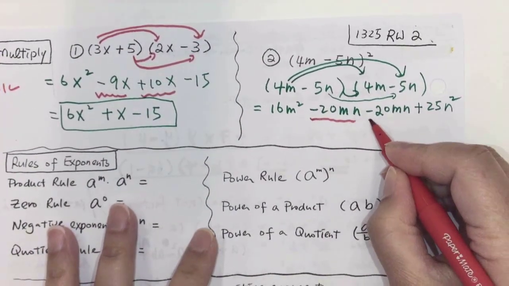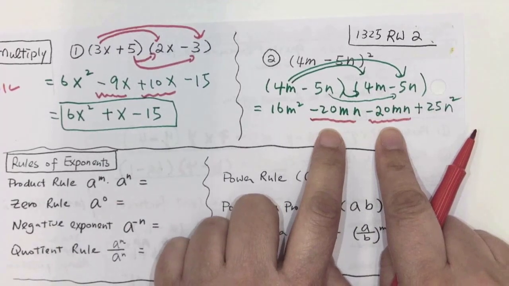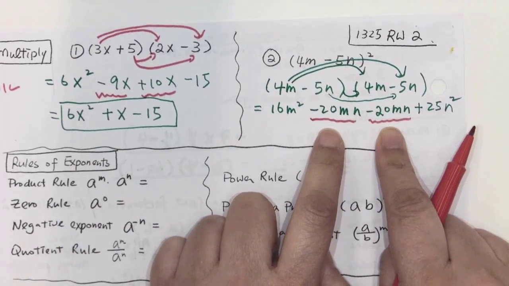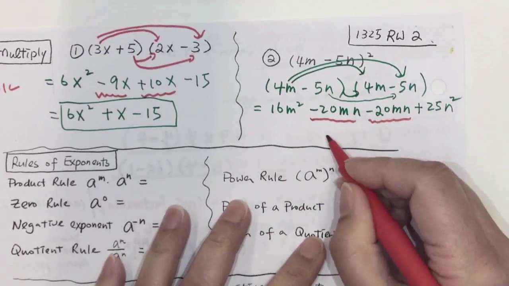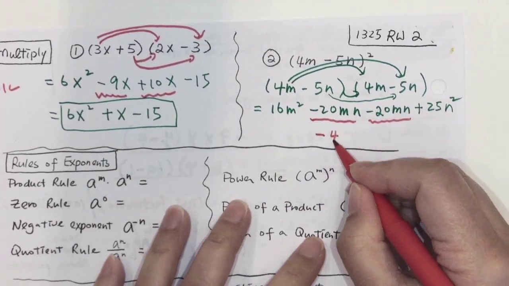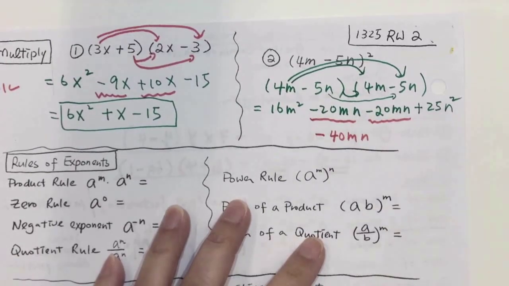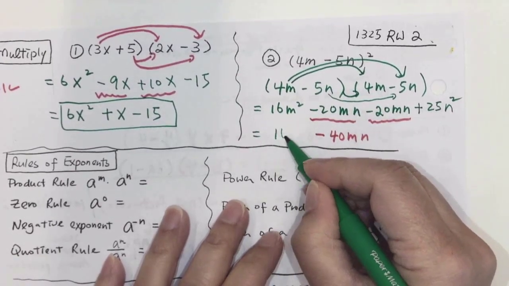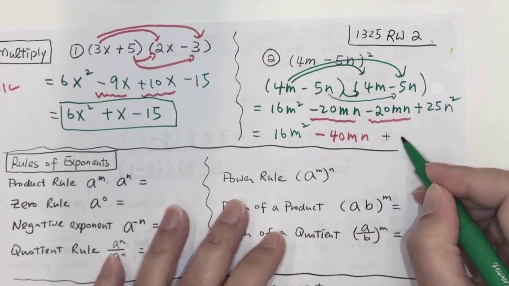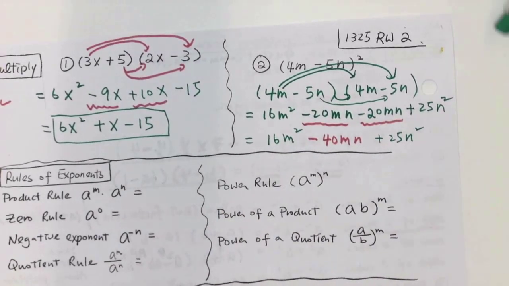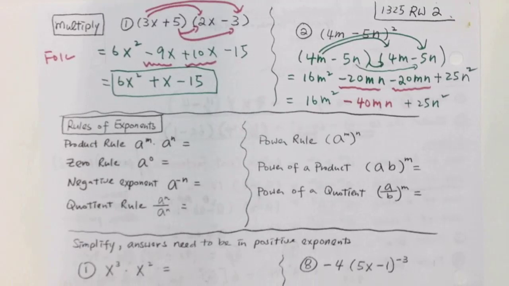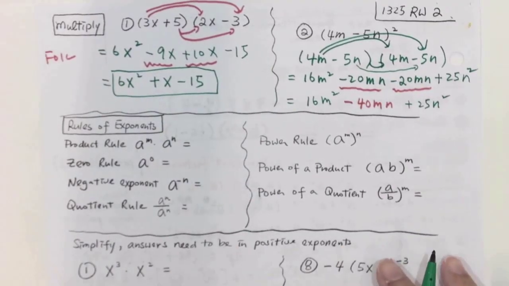Ouch. Be careful. It's a very common mistake. It's like you borrow $20, you borrow 20 more. So it's still negative, but 40mn in the middle. They're not like terms, so we get 16m squared minus 40mn plus 25n squared. Okay? Question for that one. So anything like this here, you're going to need it for this class.